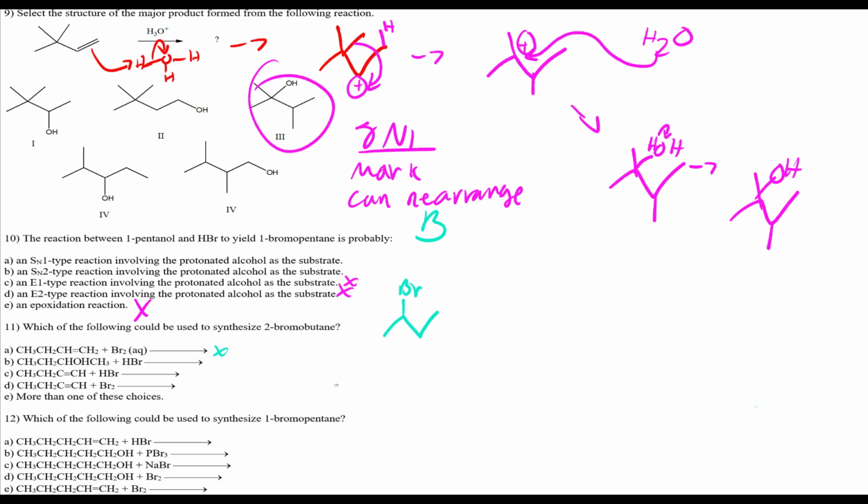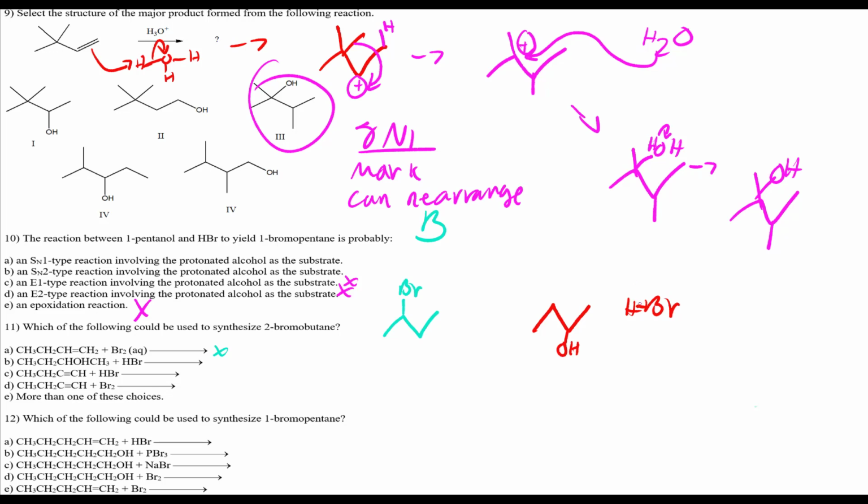What about B? Okay, well, B says this. It says CH3, CH2, carbon. That carbon has an OH on it. And another carbon right there, plus HBr. Okay, plus HBr. What would happen here?